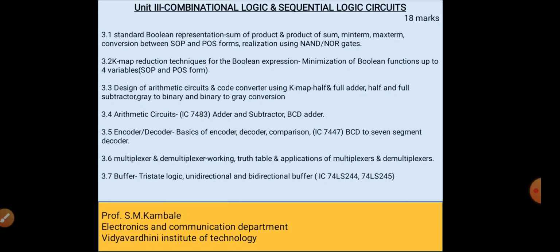Now looking to the demultiplexer, a demultiplexer is exactly opposite to the multiplexer. That means it has a single input and many outputs and some select lines.